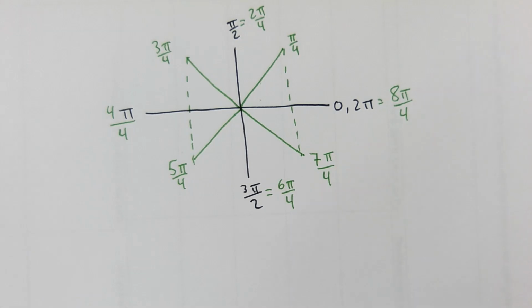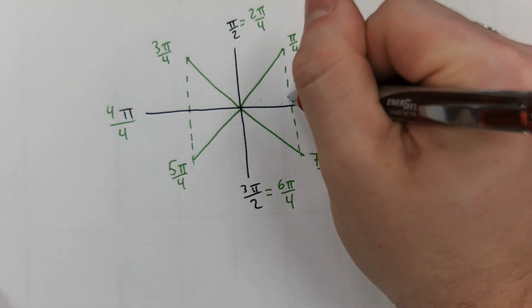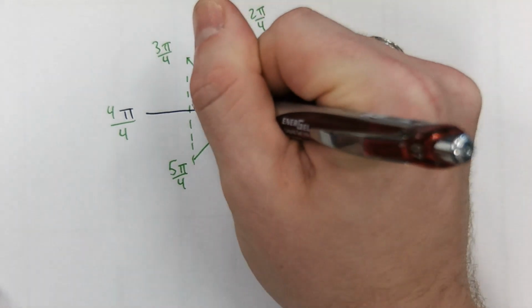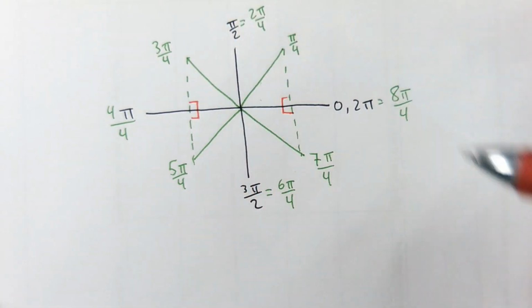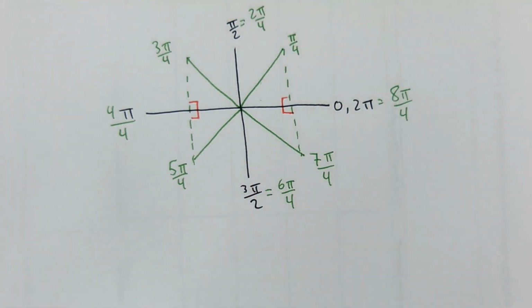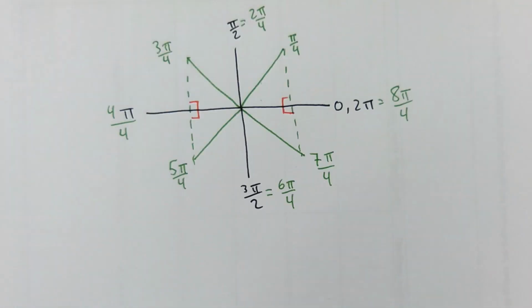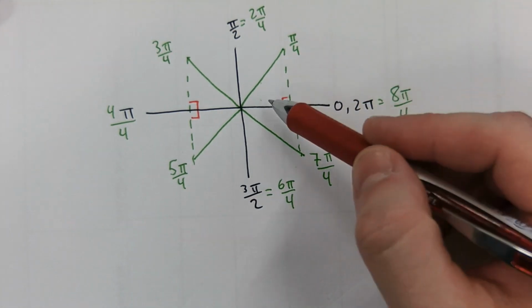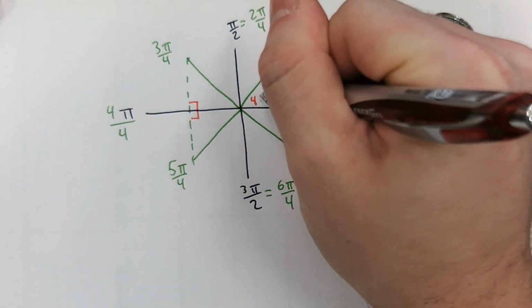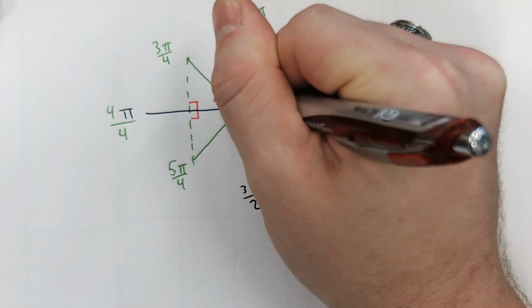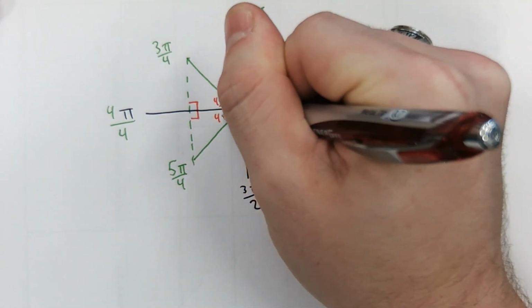We can now take these right triangles and fill them out with the side lengths of 1, 1, and root 2. They're all going to be a 45-degree reference angle, though, at the x-axis.